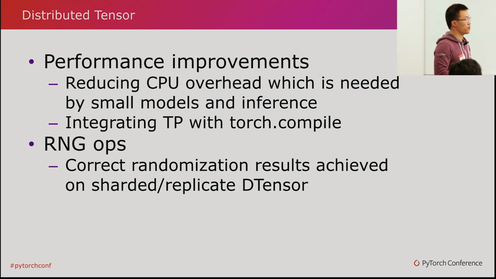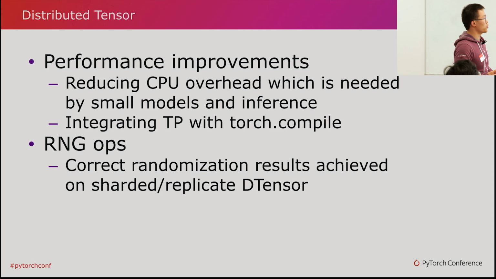For large models, the CPU overhead can be well hidden by FSDP, because it's mostly CPU bound, so all these CPU costs can be well hidden. But for small models and inference, we need to reduce the CPU overhead as much as possible.